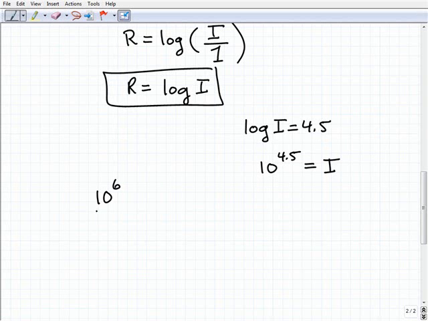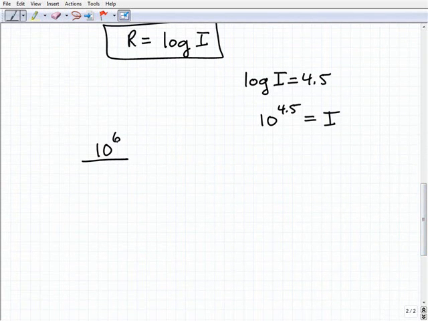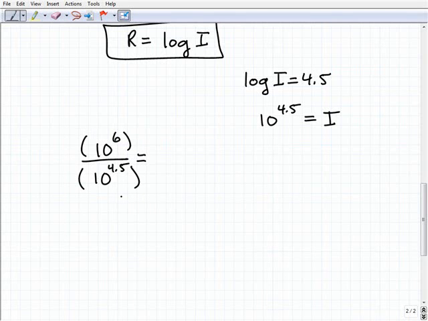I'm going to take my 6.0 earthquake's intensity, which was 10 to the 6th, and divide it by the intensity of my 4.5 earthquake. Now's a good time, and hopefully you have your calculator, to plug this in and see if you remember how to work with those exponents. I always like to put things in brackets too, which might help separate any confusion on your calculator.